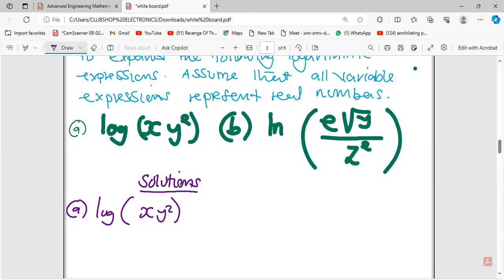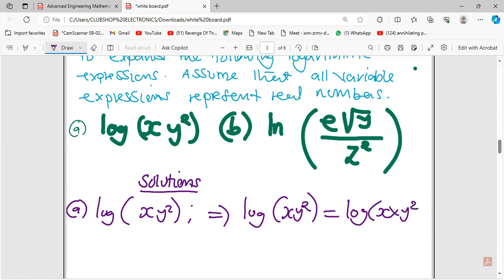Now, this implies that log xy squared is equal to log of x times y squared. That's what it means. Right? So we are multiplying.